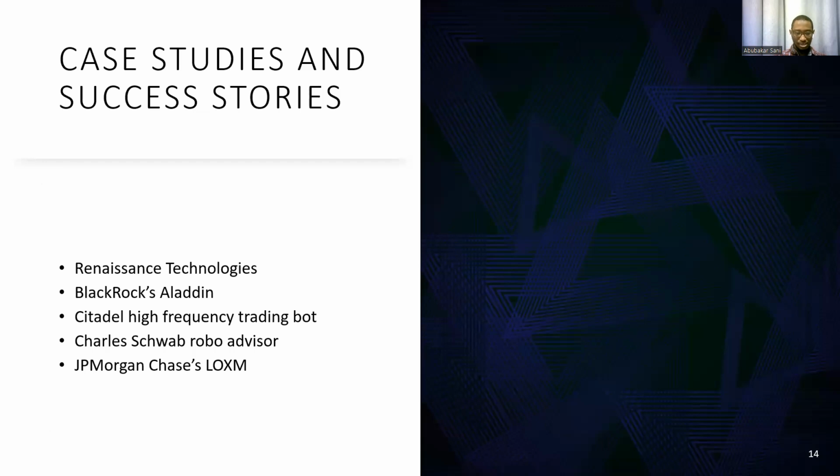Some of the case studies that you will come across include the sentiment analyzer by Renaissance Technologies. This is one of the hedge funds on Wall Street that is notorious when it comes to quantitative trading. They are known for that. After all, the founder, Jim Simons, is a mathematics professor who decided to go into trading.